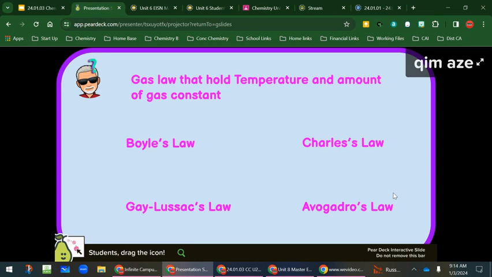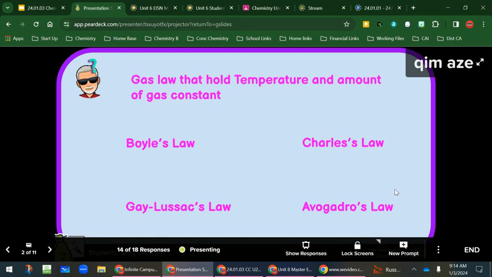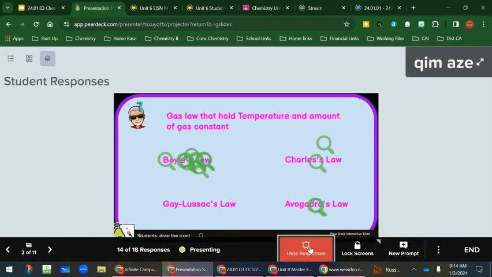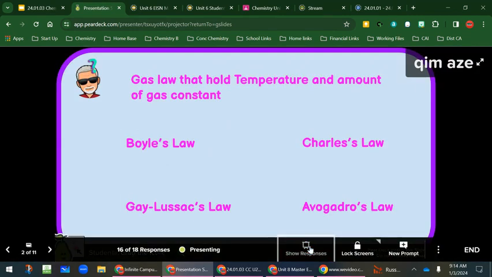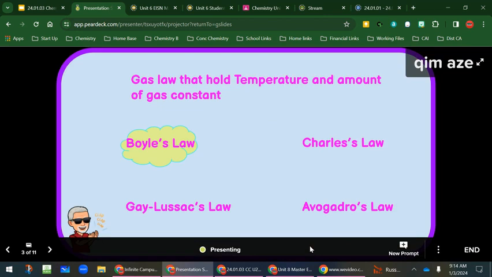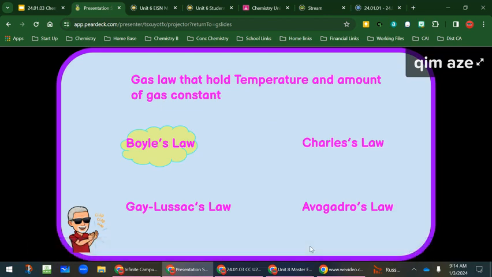By the way, if you can't do this, you're going to be losing points on Friday's quiz. Those of you who had it on Boyle's law were absolutely correct. Boyle's law relates pressure and volume, so temperature and amount of gas are held constant.